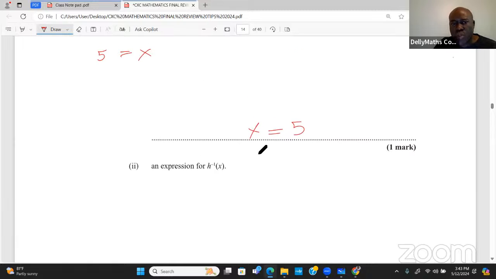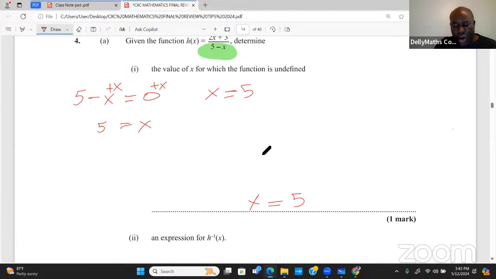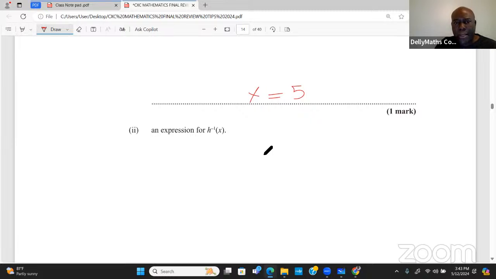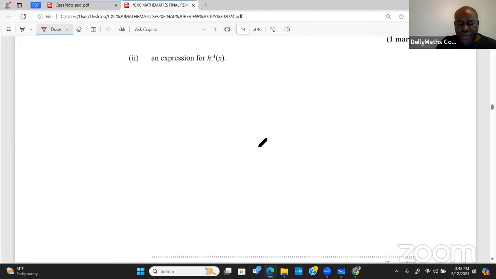Second question says that we want to do the inverse of h of x. So let me just quickly write what h of x is. So h of x is equal to 2x plus 3 over 5 minus x. So this is h of x. But what we intend to do is to find the inverse of h of x.